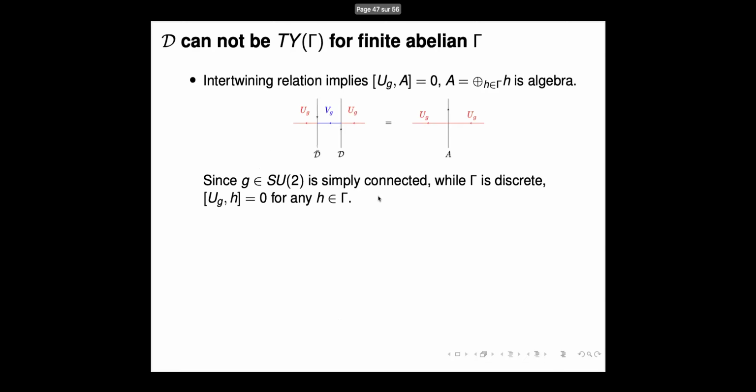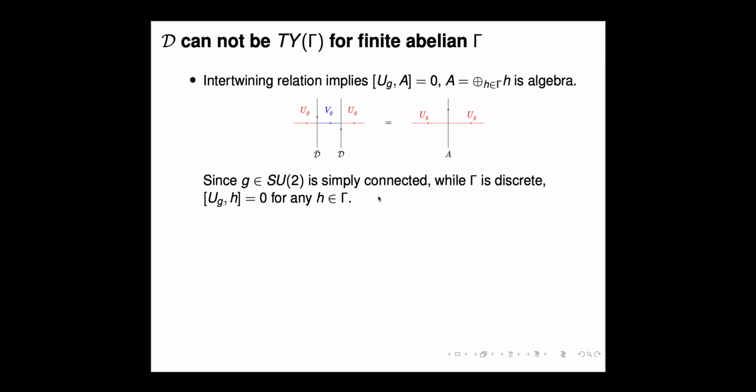Yeah, so more concretely, why does this D not intertwine the SU2 symmetry? Intertwining the SU2 symmetry means that if you have a topological defect D, the U symmetry operator and the D defect can meet topologically at the junction.